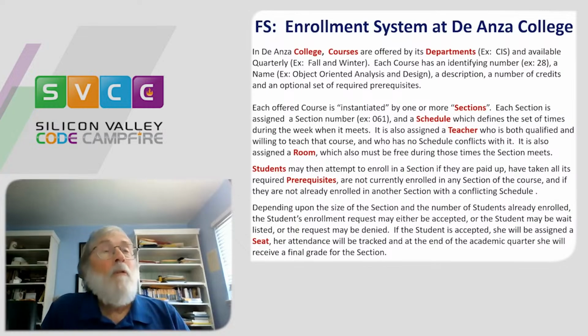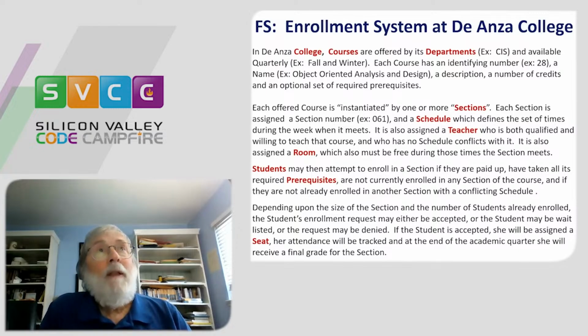So this is what the enrollment system specification looks like at De Anza, after the software architect has corrected it. Notice the highlighted words. First paragraph is pretty much the same. Second paragraph, each course is instantiated by one or more sections.